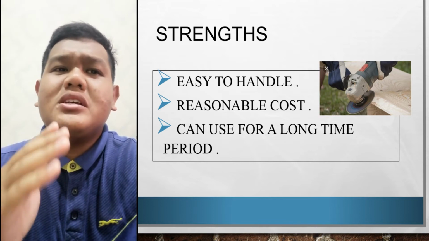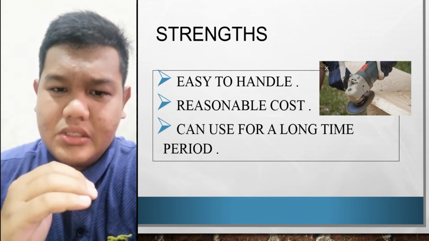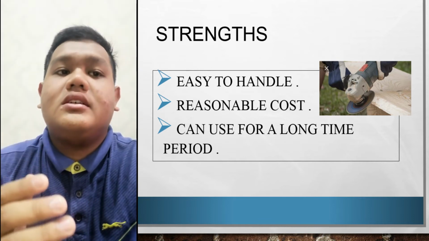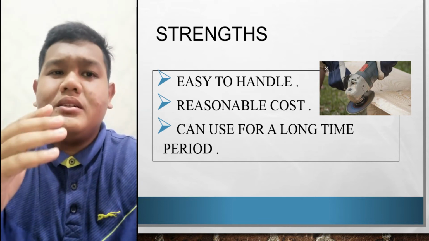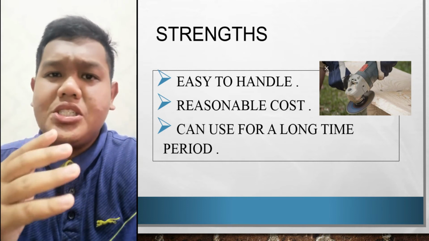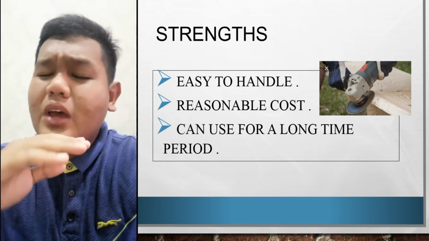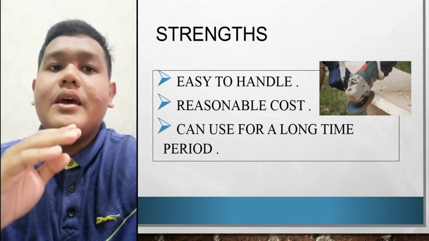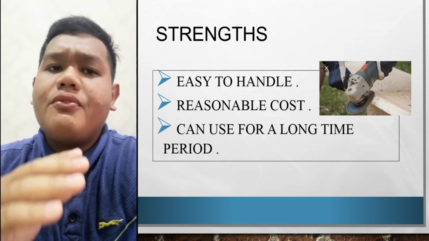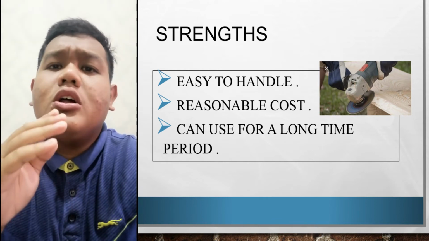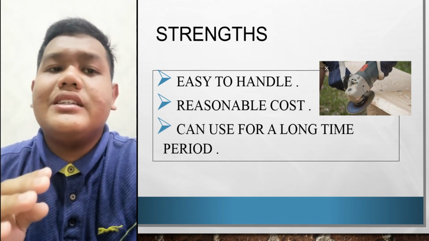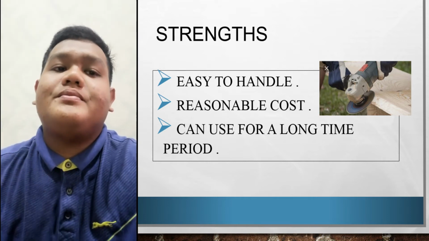The next is reasonable cost. This reasonable cost makes this machine affordable for everyone because of the cheap price of the machine, at 100 to 300 ringgit in the market.